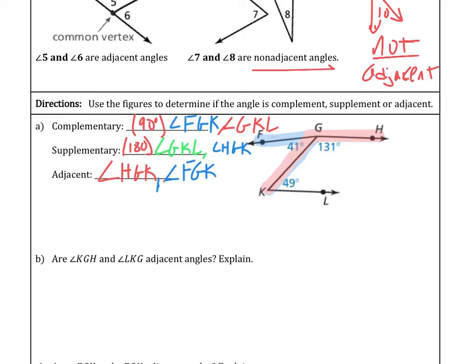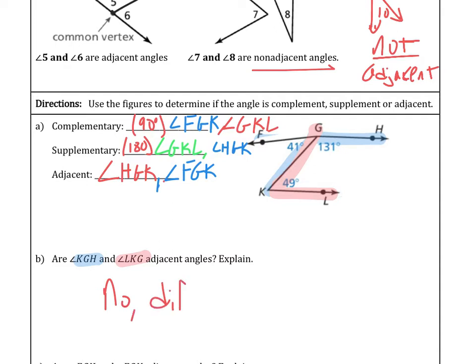Okay, and how about this? Here's a good question. Are KGH, where's KGH? KGH is this one, and LKG, are those adjacent angles? Well, we kind of already said that they're not because they don't share the same vertex.